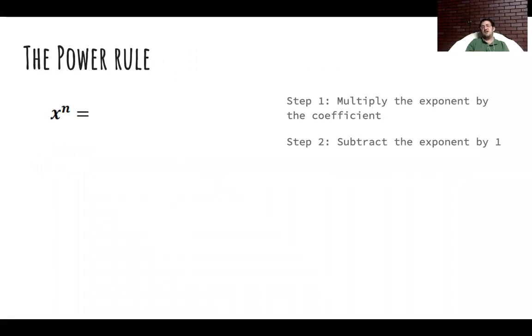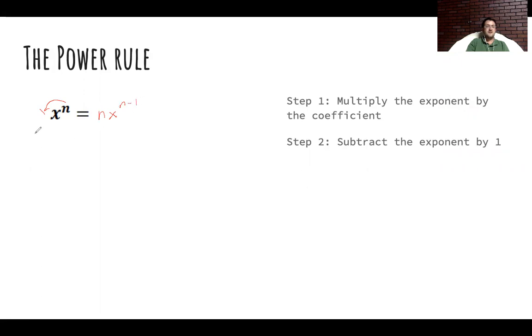All right, so in essence, the power rule has the same procedure over and over again. What's going on is that you are going to be multiplying the coefficient by your exponent. So in this case, it would be n times x, and then you subtract your exponent by 1.